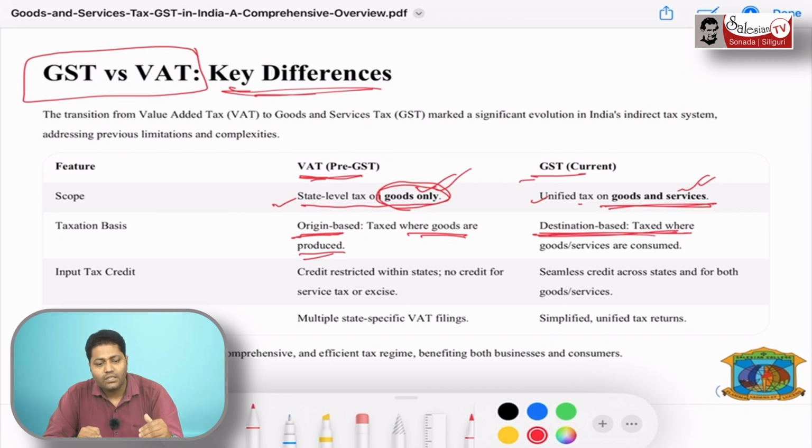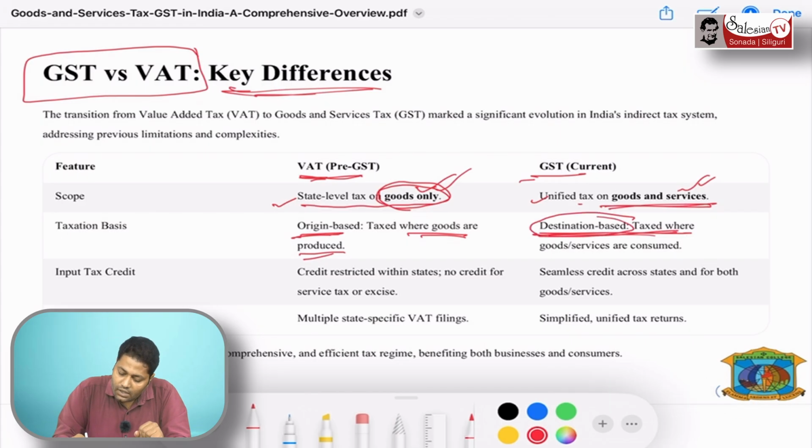That means where the goods will reach. Suppose goods start from one place, Siliguri, and go to another place. Just take an example of Kolkata. If it is going to Kolkata, the tax will be paid in the place where it has been reached. That is a destination based tax.